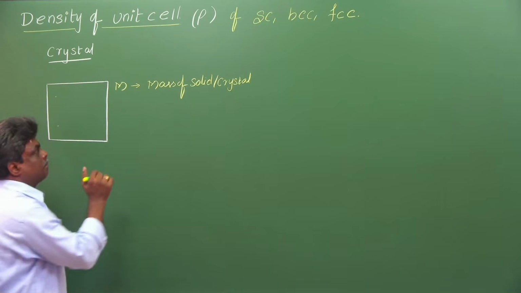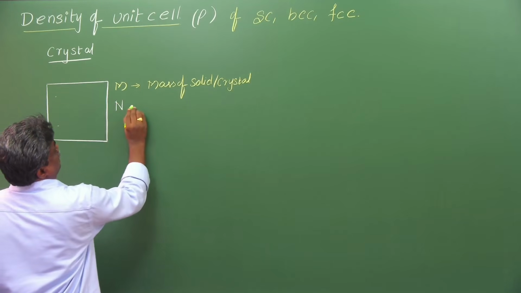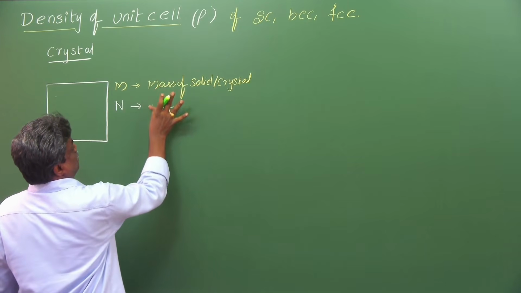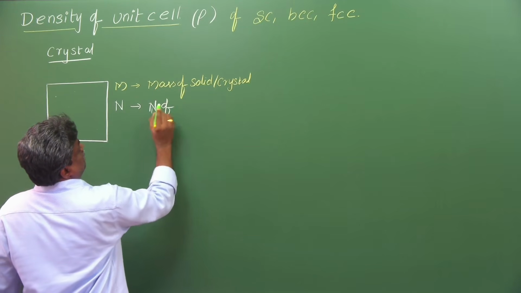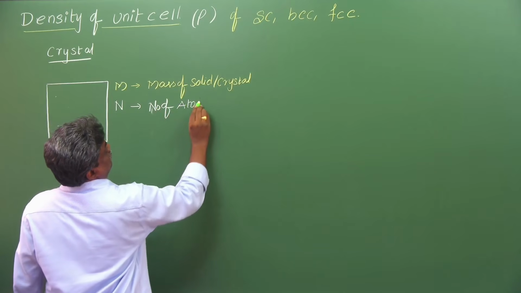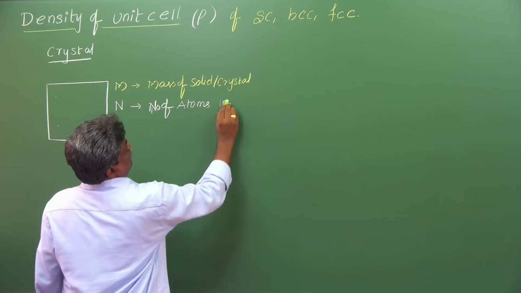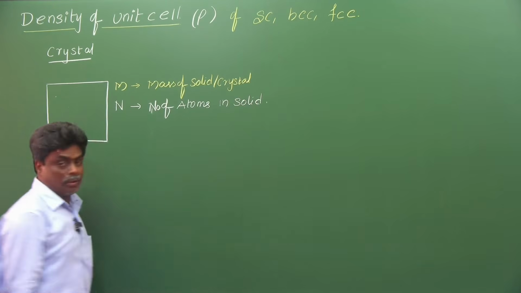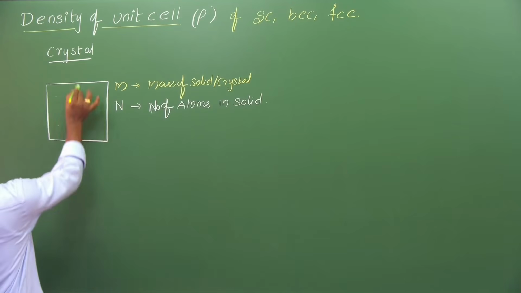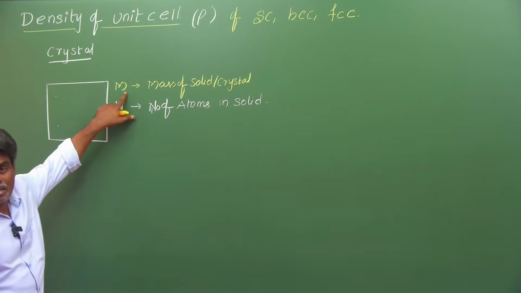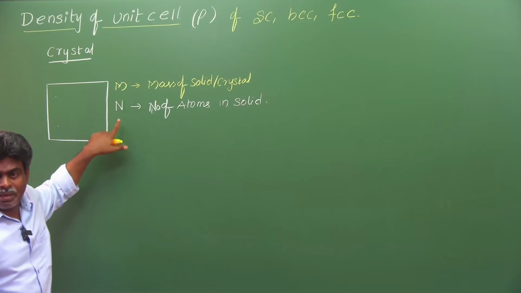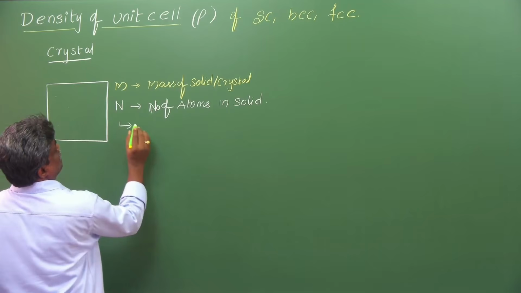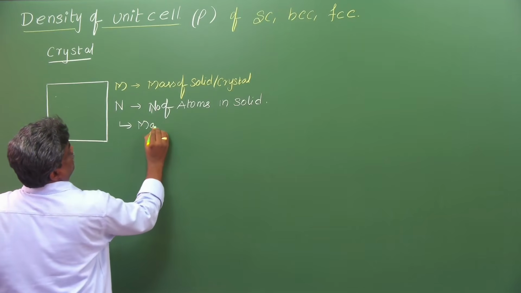Capital N is the number of atoms in the solid or crystal, whatever it is. So this solid contains the total mass capital M, and how many number of atoms are there? Then could you please tell me what is the mass of each atom?